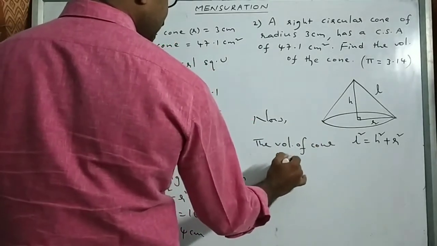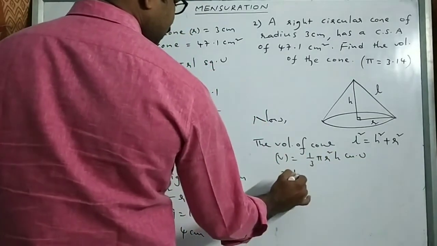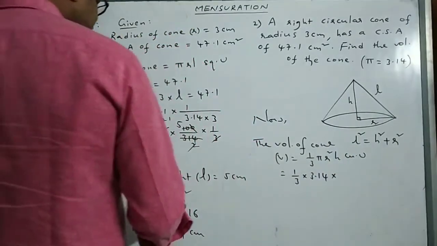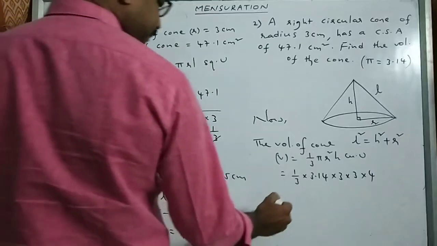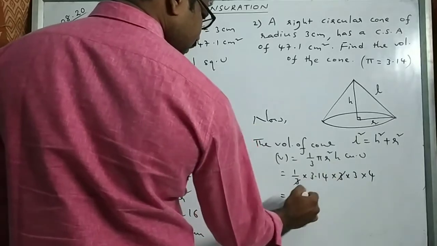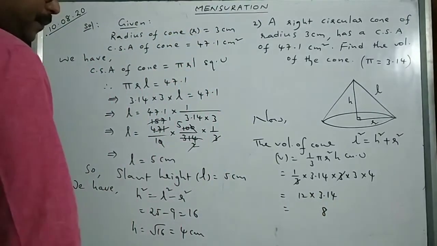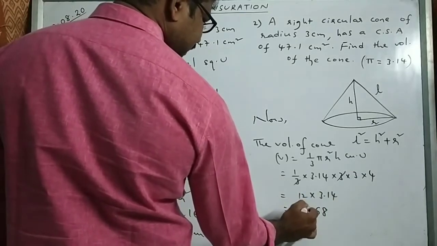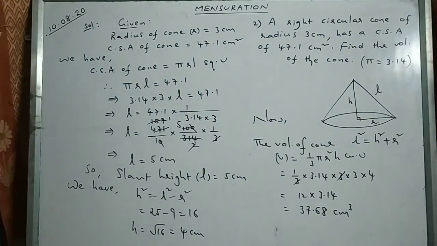What is the volume of cone formula? 1/3 pi r square h cubic units. 1/3 pi value 3.14 into r square means 3 into 3 into h I got 4, right? 1 3 gets cancelled. 4 3s are 12 into 3.14. 12 4s are 48, 12 1s are 12 plus 4 16, 12 3s are 36 plus 1, 37.68 cubic cm, right?